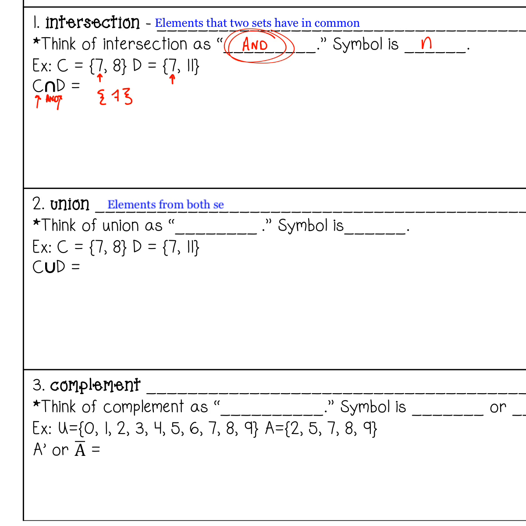And remember, these are not going to repeat. Thank you for putting that in there. So think of a union as or. They're in one or the other. So or, our word of the day is or, one or the other, and this one is a U.